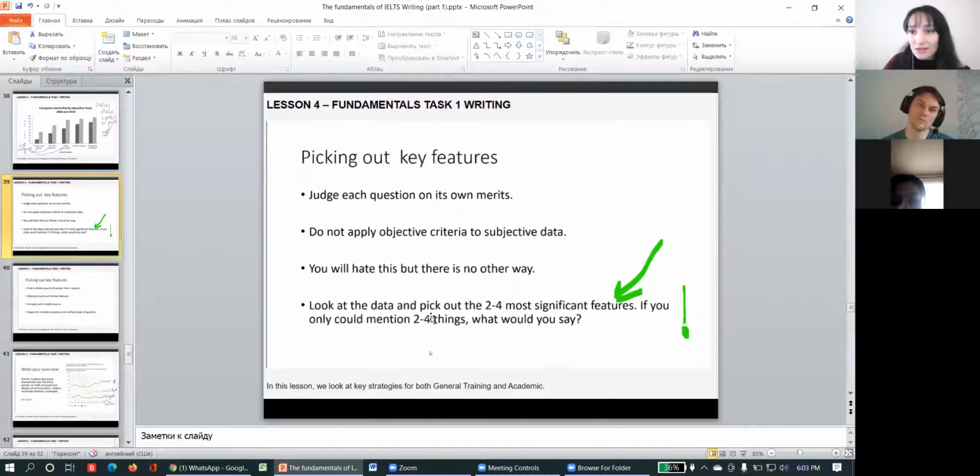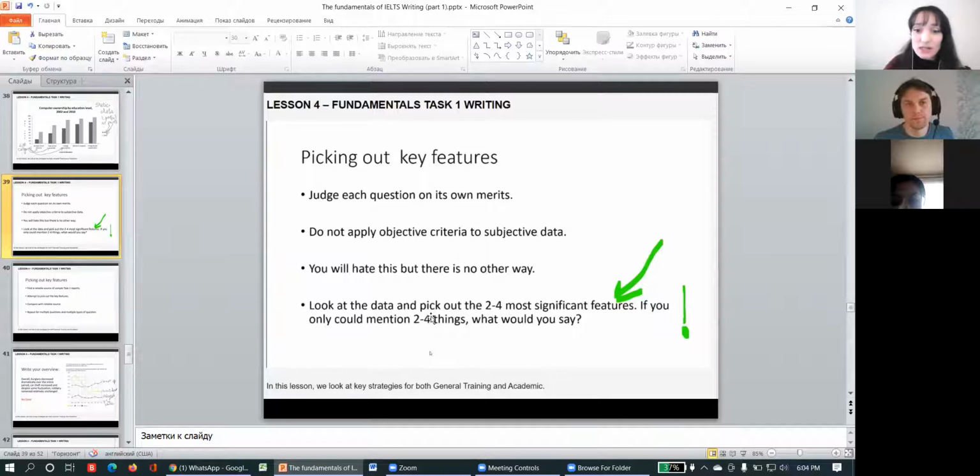It means try to say whatever is really given, to not try to change it or to tell your own point of view on what you think. It's not about your point of view. It's about understanding the data, reading the data, understanding it, and explaining it in a written form. You will hate this, but there is no other way. Okay, so of course, it is really complicated. You will hate it, but there is no other way.